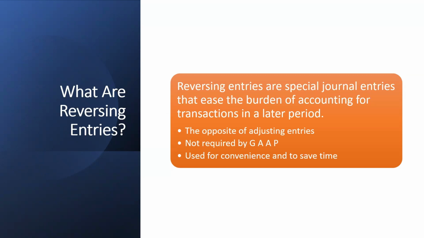In the subsequent period, upon payment or receipt, the cash flow is recorded, settling the payable or receivable, with any discrepancy being reflected as an additional expense or revenue. So reversing entries are typically special journal entries that ease the burden of accounting for transactions in a later period.